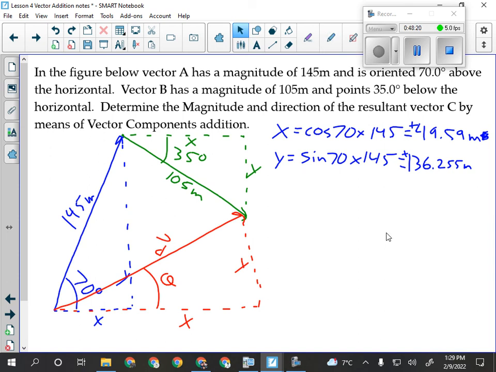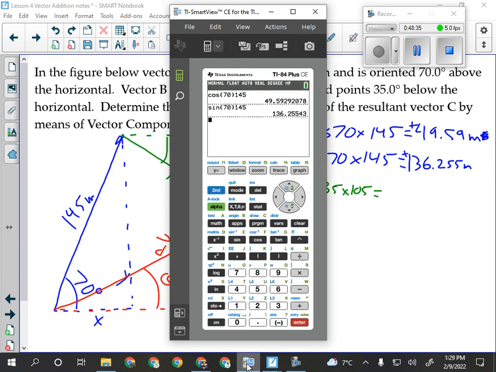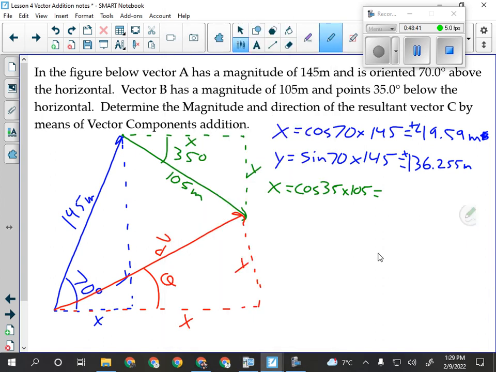Okay. And I've got to do the same thing with my green triangle. X just happens to be the adjacent side again, so it'll be cos of 35 times 105 this time, because our hypotenuse is only 105. So cos 35 times 105 is 86.01 meters, and that is positive because it's that way.